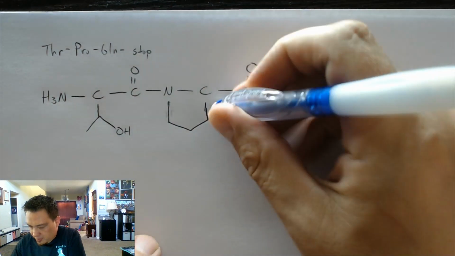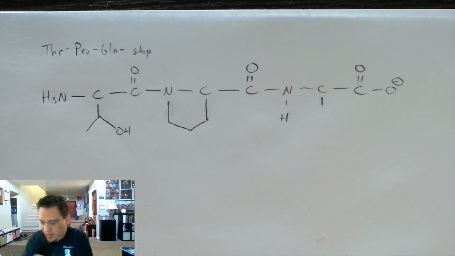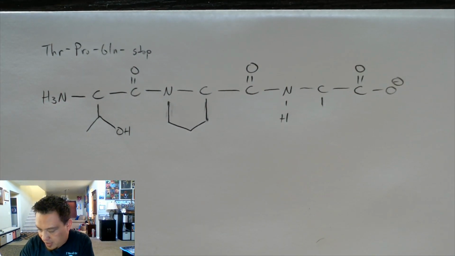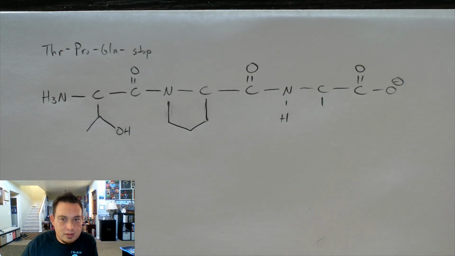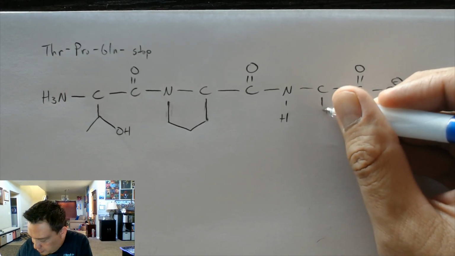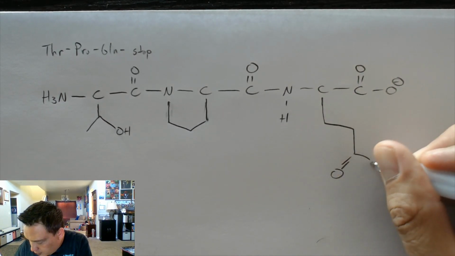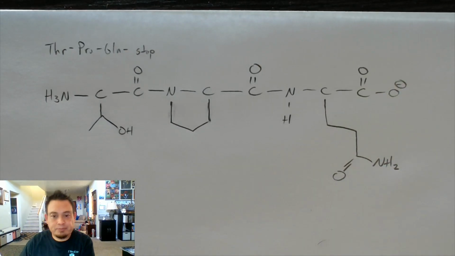Right, like that. So proline is weird, guys. It had a weird structure, but that's what proline would look like. And then the last one, GLN. Oh, was not glycine. It was a different one. GLN is glutamine. So it's what, 3 carbons with an amide at the end. 1, 2, 3. That.